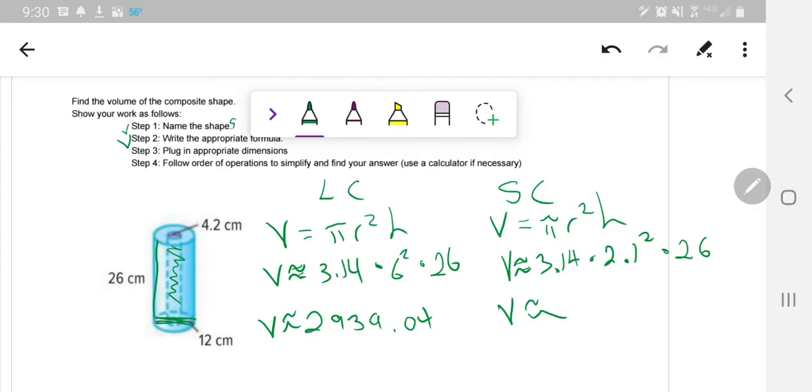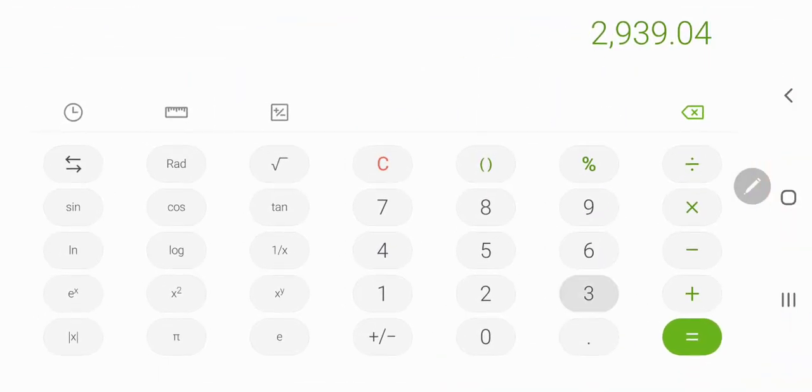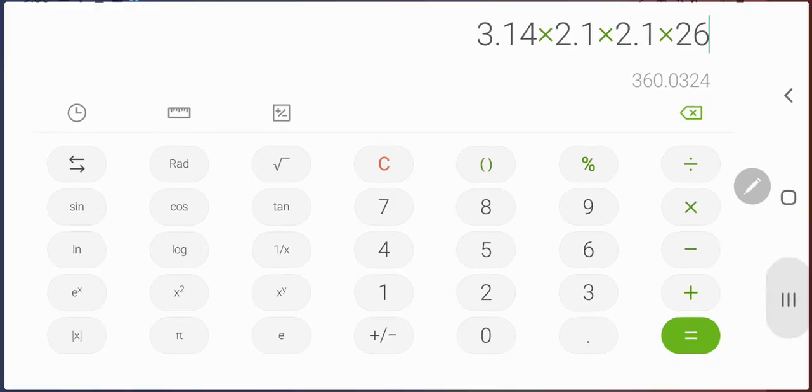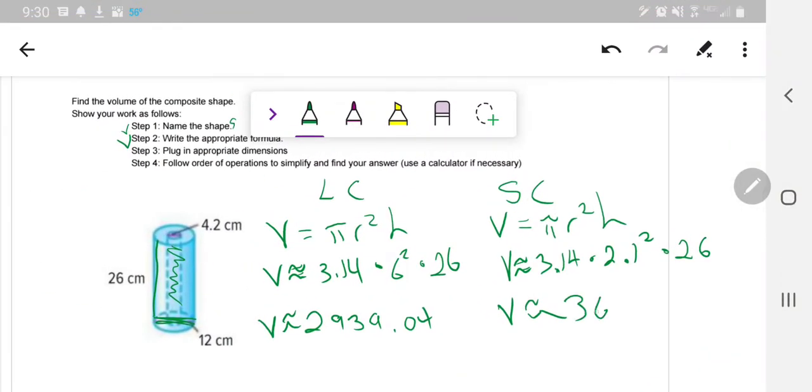The approximate volume over here is 3.14 times 2.1 times 2.1 times 26, and that gives us 360.0324.